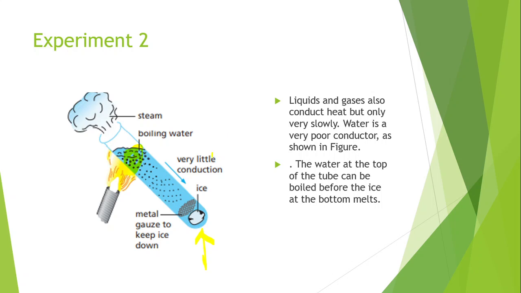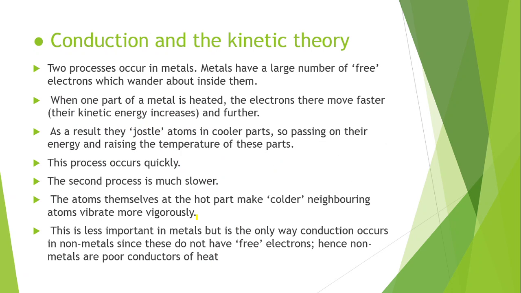So the conduction is so bad that very minimal melting happens, because very minimal conduction takes place. Hence, we can observe the boiling, but no melting or decrease in the size of this ice.